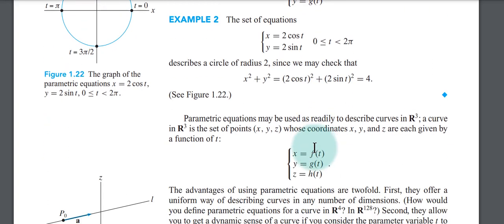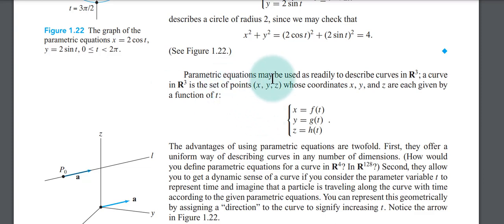Okay, now we're not limited to just x and y. We could talk about 3 dimensions, and so we put in a value for t, we'd get an x, put in a value for t, we'd get a y, put in a value for t, we'd get a z, and so we get a point x, y, z, which would be a point in 3 space. So the same kind of idea of parametric equations can generate points in 3 space.